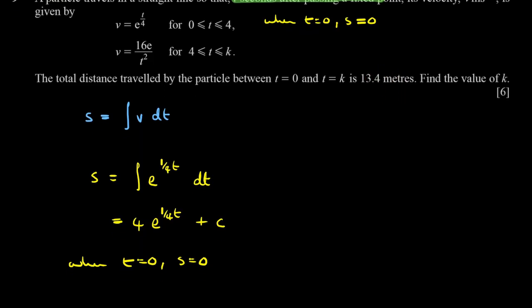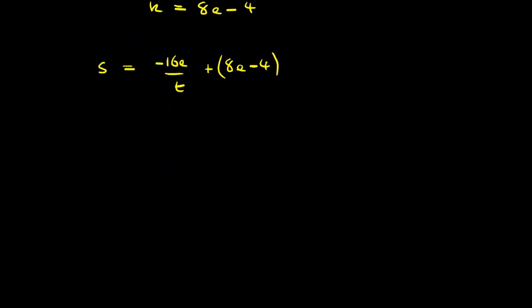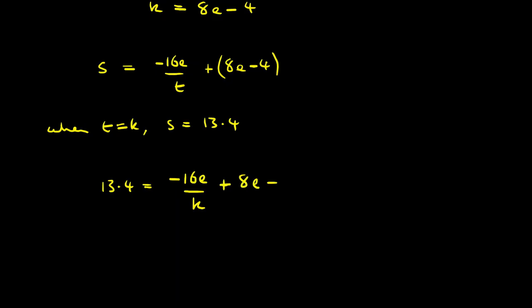So let's just put it in here. So when t is equal to k, s will be equal to 13.4. So 13.4 is going to be equal to minus 16e upon k plus 8e minus 4.